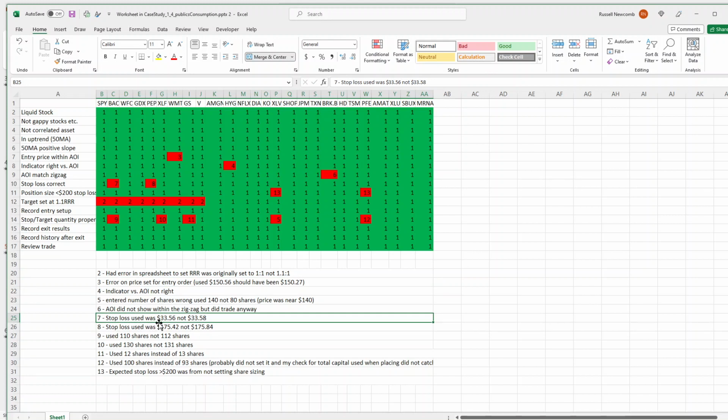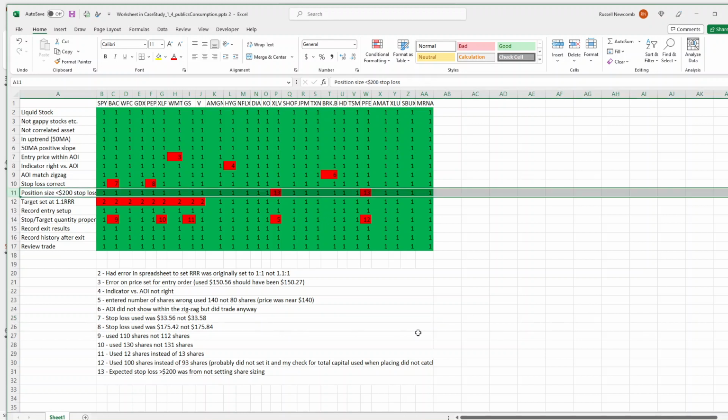And then this one here is the position size, stop loss less than 200, which is probably one of the most important columns here.